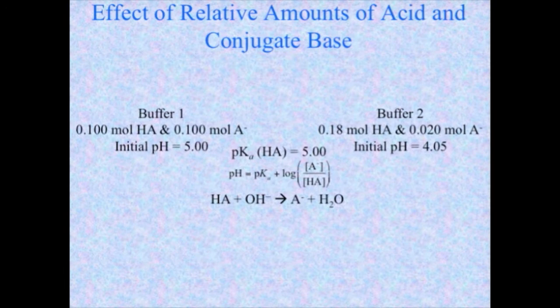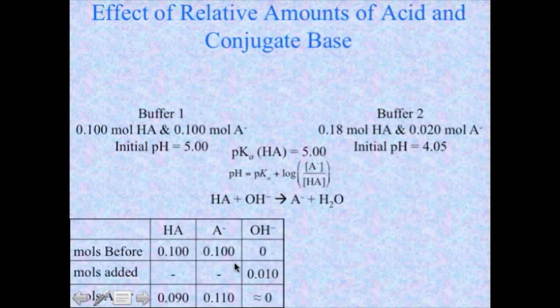Now let's do some calculations to show how the ratio of buffer components affects the effectiveness of the buffer. In our first example, in buffer 1, we have a 1-to-1 mole ratio of weak acid to conjugate base, 0.01 moles each, with an initial pH of 5.0. In buffer 2, I have much more of the weak acid, 0.18 moles of weak acid, and only 0.02 moles of conjugate base.